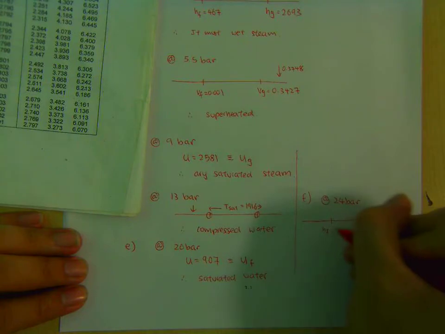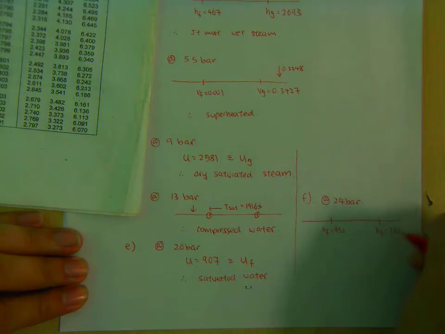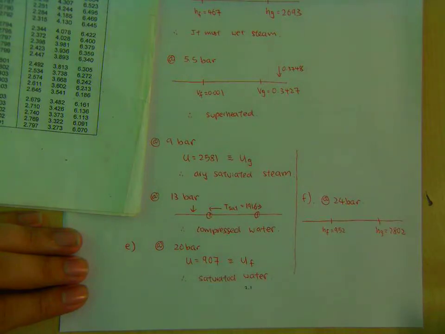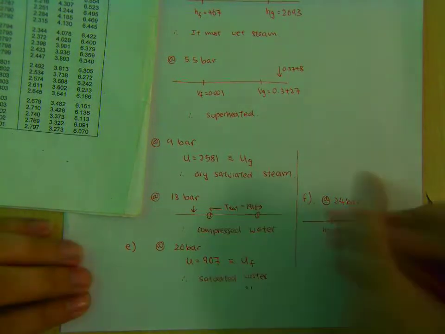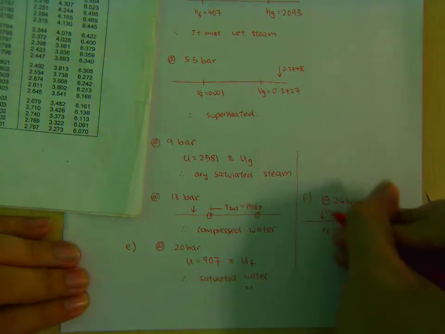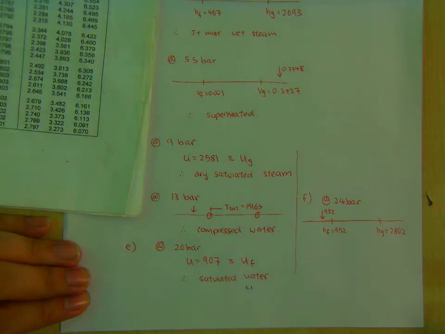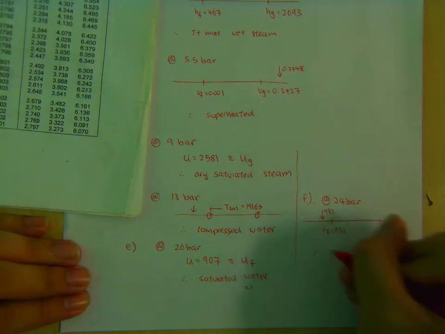HF is 952, HG is 2802. In this case, we are given 932 as the value. So 932 will be here. Since it's on the most left hand side, therefore it must be compressed water.